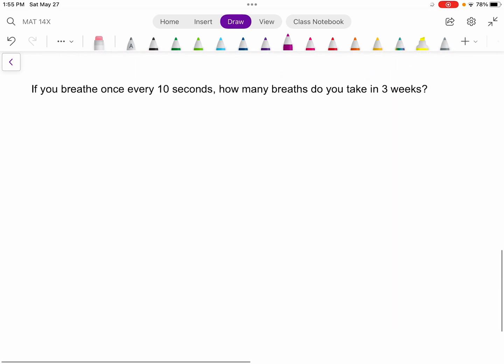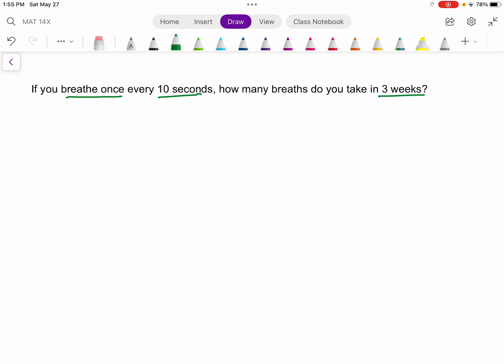Now, here's another one, and it's looking at breathing patterns. But it is going to be a rate that we have to convert. So it says we breathe once every 10 seconds. So how many breaths do you take in 3 weeks?